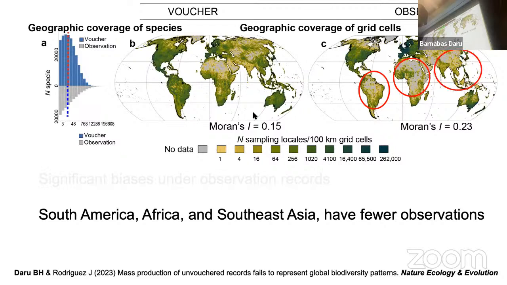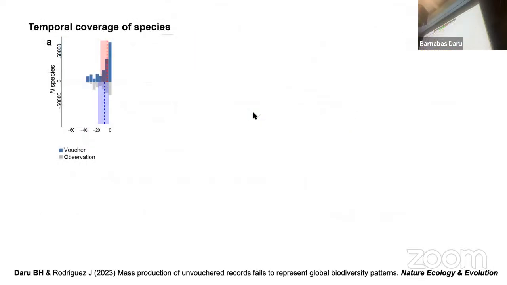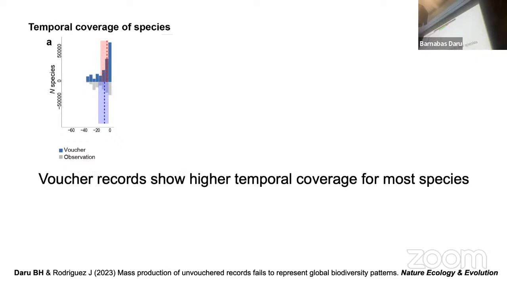And then we wanted to know how this plays out across a temporal scale by mapping temporal coverage. Here we wanted to know how the time interval between one collecting event and the next for species plays out for both voucher records, indicated in blue, and observations, in gray. We found that voucher records tend to show much higher temporal coverage for most species compared to observation records.